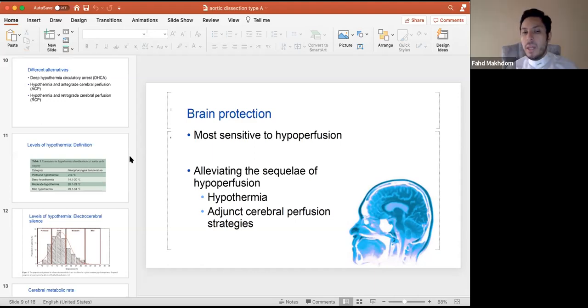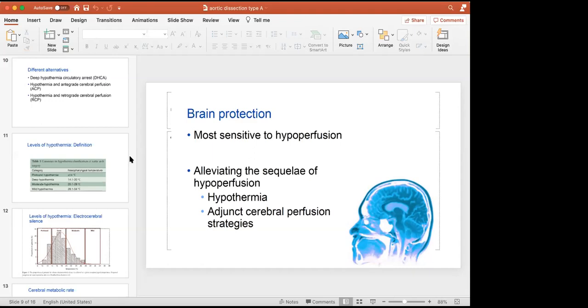Yes, or if the dissection is extending beyond the annulus, or there is a dilated root more than 4.5 centimeters, or there is a history of connective tissue disorder, I will replace it. I will do a Bentall rather than supracoronary.